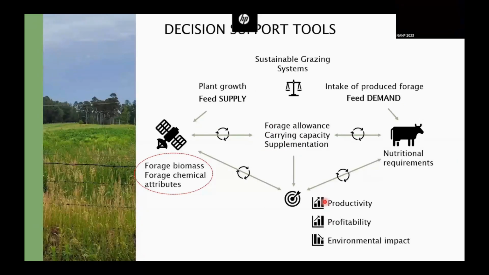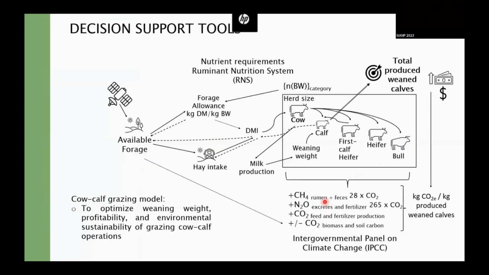So this is an overview of this model. This is the decision support tool model where I can connect the part of the feed supply with feed demand based on forage allowance and carrying capacity, and come up with the amount of supplementation that I need to supply the animal based on the productivity, profitability, increase productivity, increase profitability, and mainly decrease the environmental impact of those production systems.